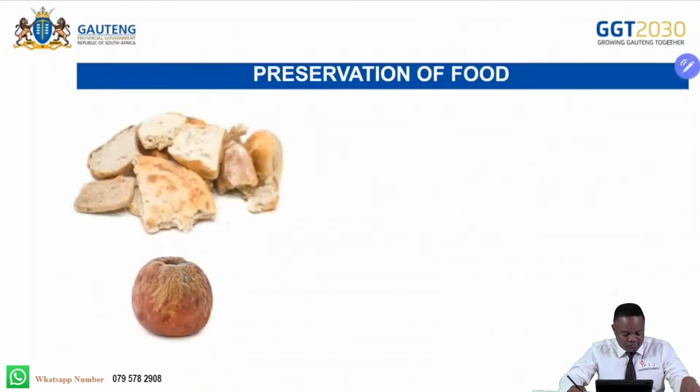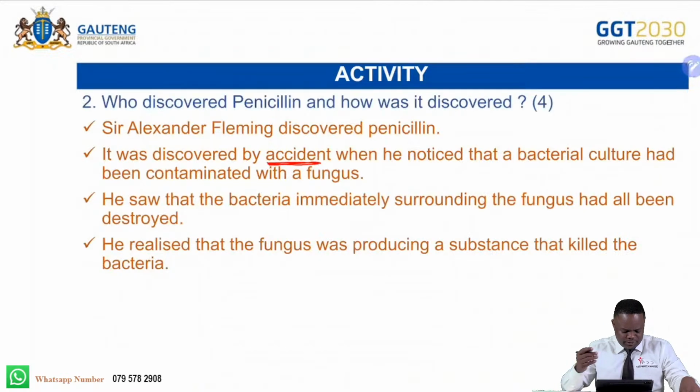And that is how he developed the what? Penicillin. Right. Quite an interesting story there. And we say that this penicillin has helped the entire world over generations because this antibiotic has helped us to cure some diseases that were not curable before.